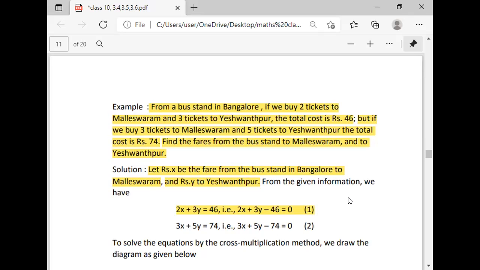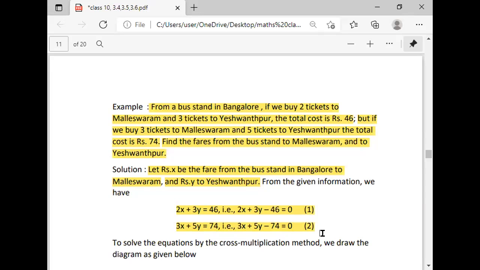Keep this in mind because many students make this mistake. And the next equation, we take this positive 74 from RHS to LHS, that is 3x plus 5y minus 74 is equal to 0. We are taking it as equation 2.